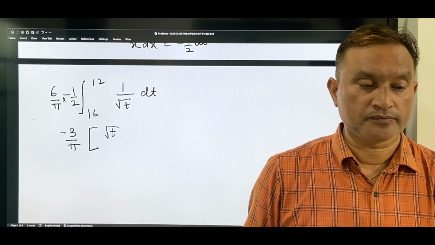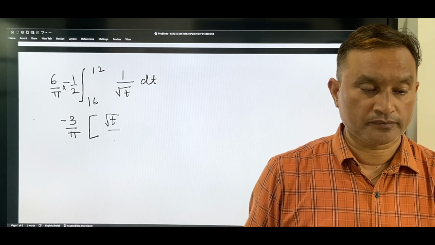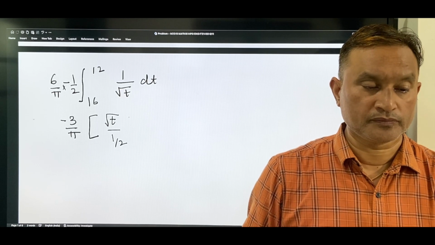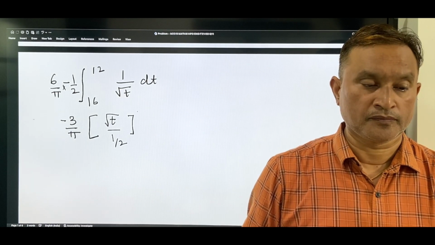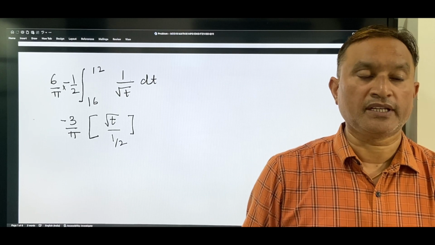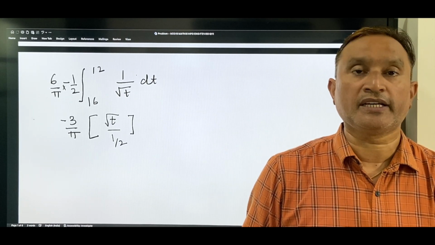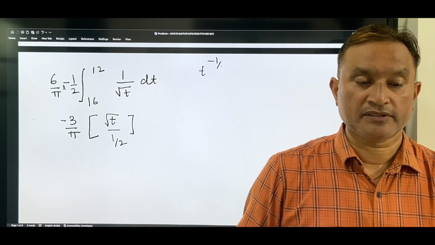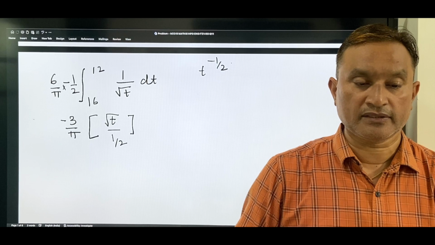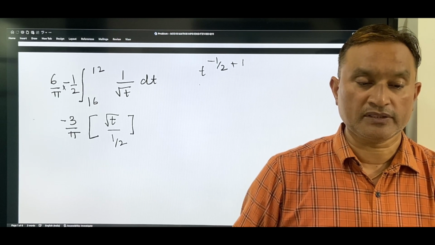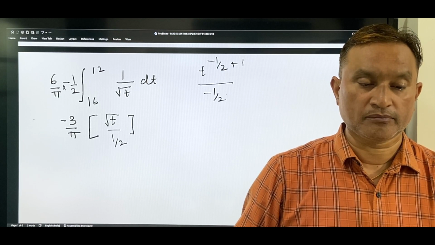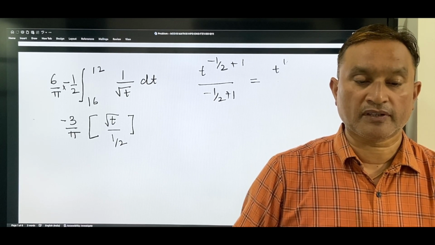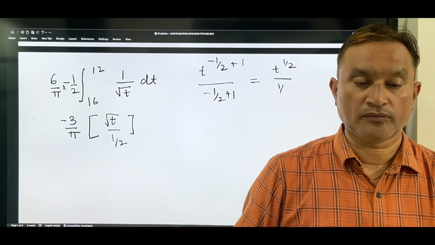Because root t will go up, it will become t raised to the power negative half, and when you apply the formula it would be plus 1 upon negative half plus 1, and it will give you t to the power half upon 1 upon 2.